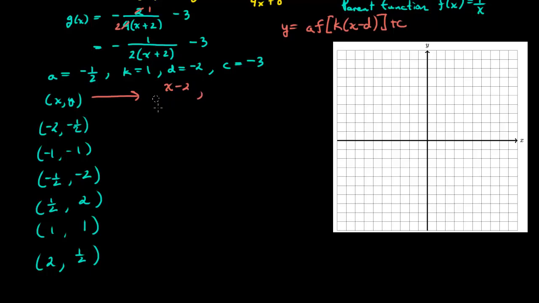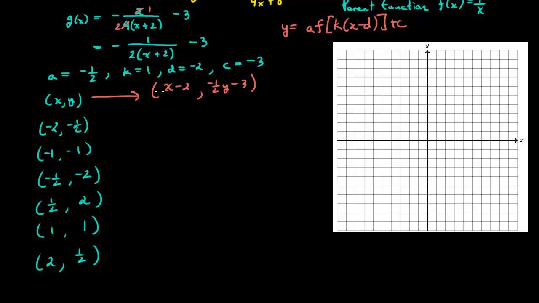Okay, so I've got x minus 2, and then I've got normally a y plus c. a here is negative 1/2, so I'll multiply my y value by negative 1/2, and then I'll add c, but c here is negative 3, so that's the same thing as negative 1/2 y minus 3.